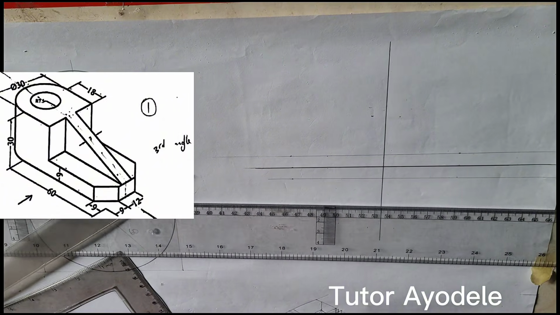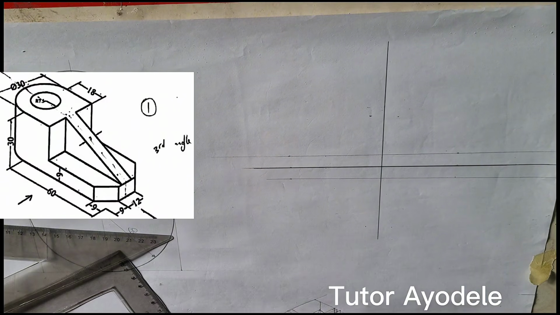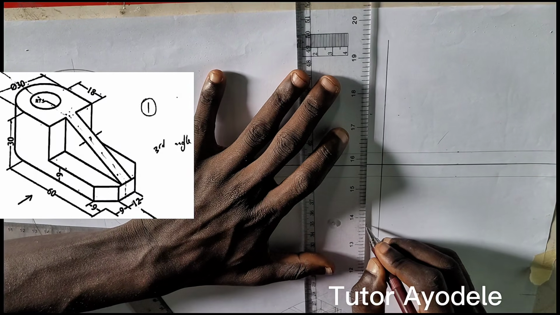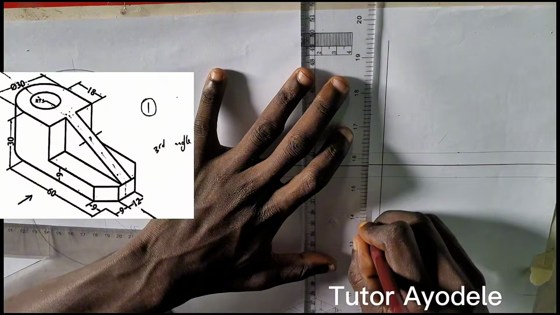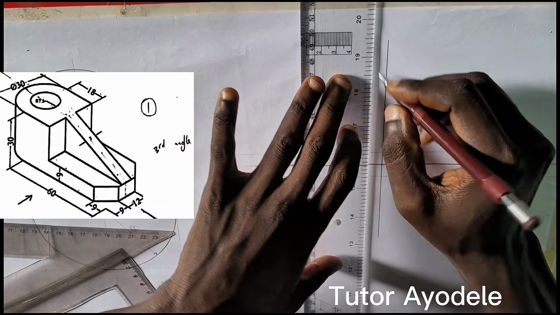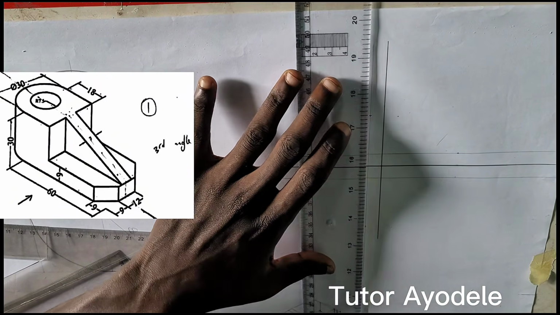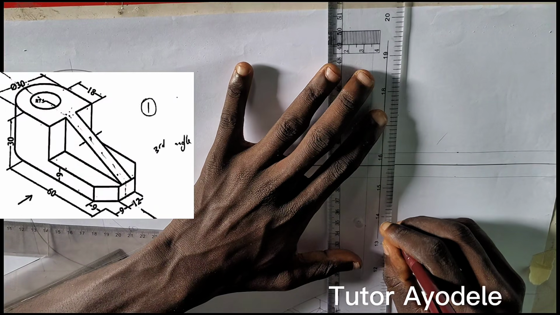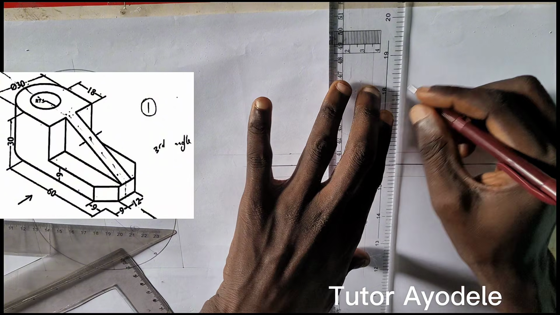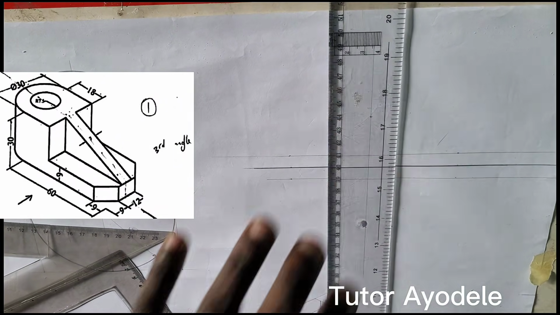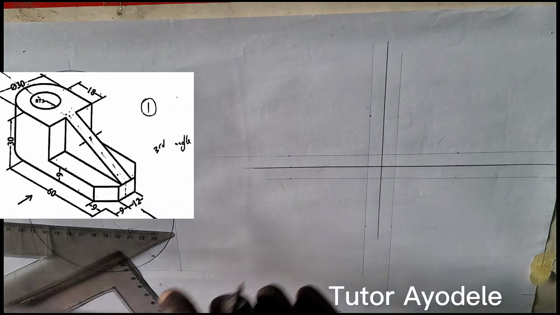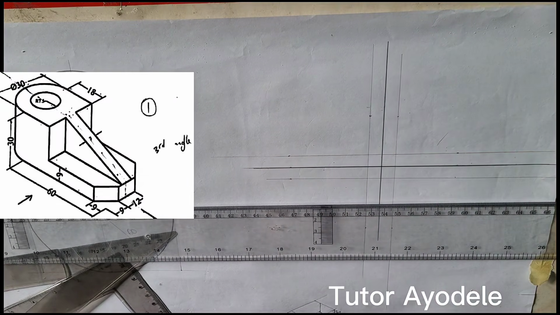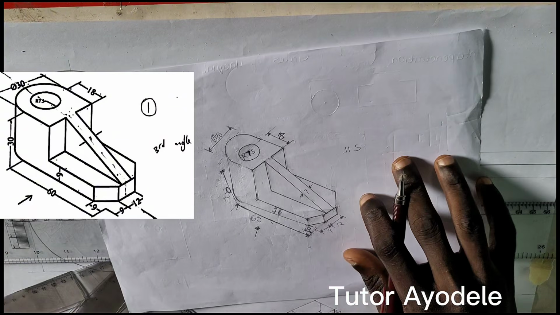Okay, so let's join them together here. All right, so that is our construction line. The middle one has to be bold, while the construction line must be thin.